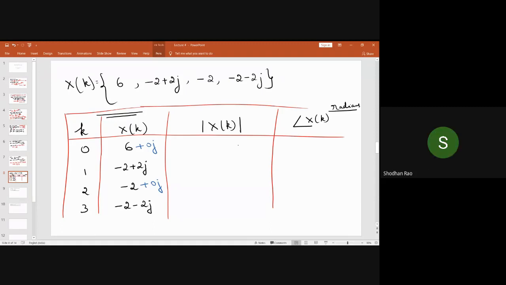Yes. What is the value? 6 itself. Magnitude is 6. Angle? Yes. 0. Angle is 0.